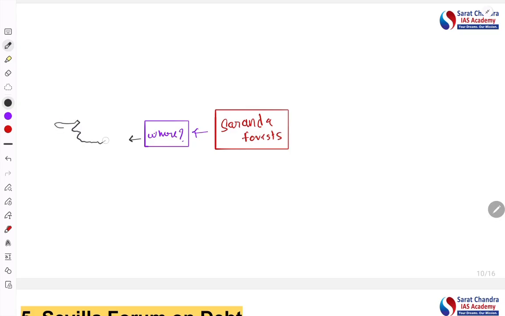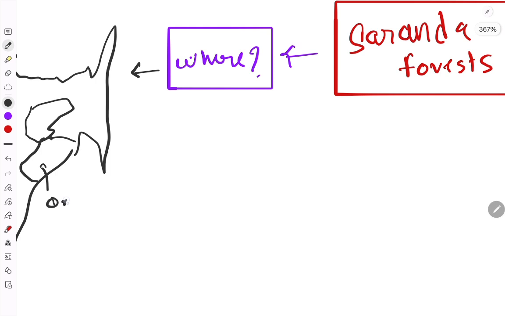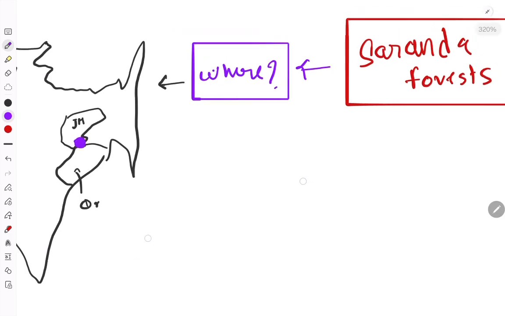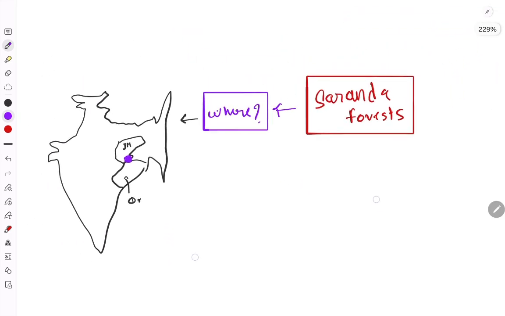So this is the map of our country. Here you have Jharkhand, and on the border, this is Odisha, let me zoom in, this is Odisha, this is Jharkhand. In this border region, we have the Saranda forest located.